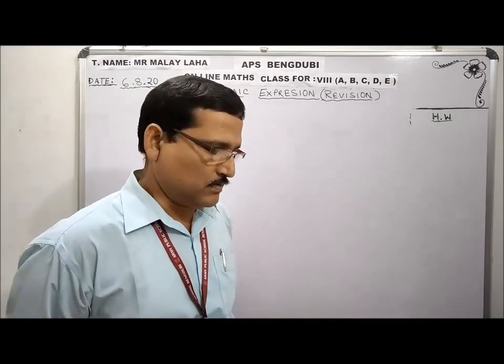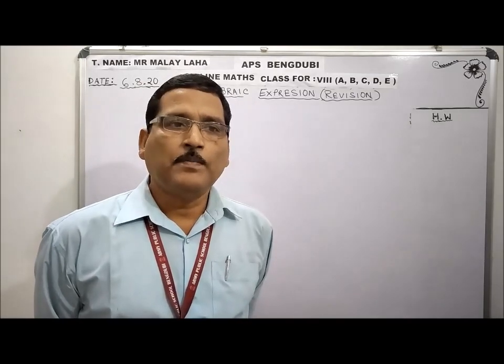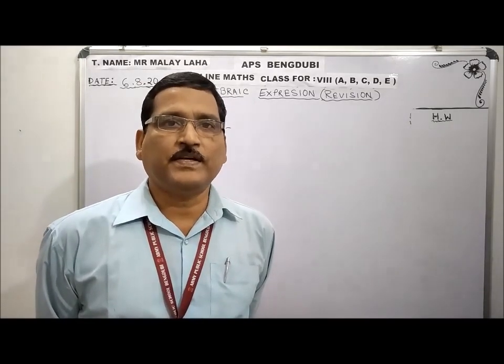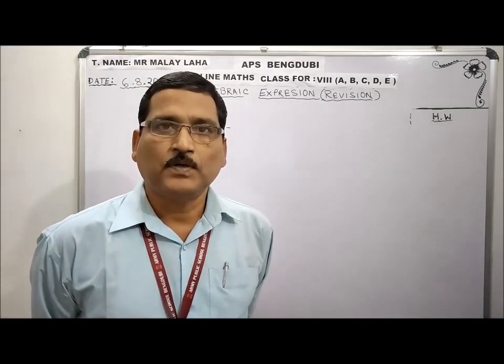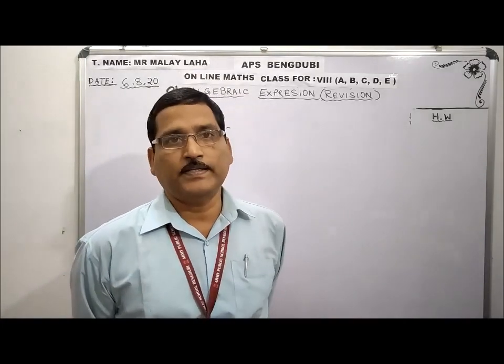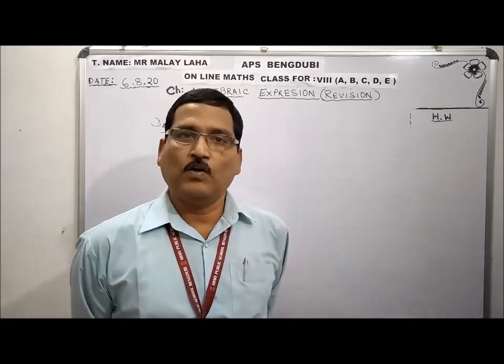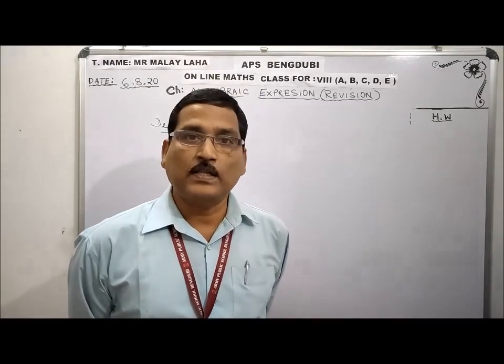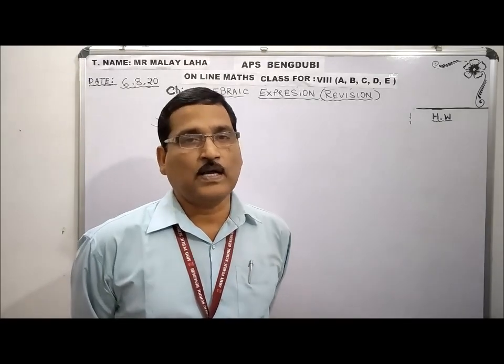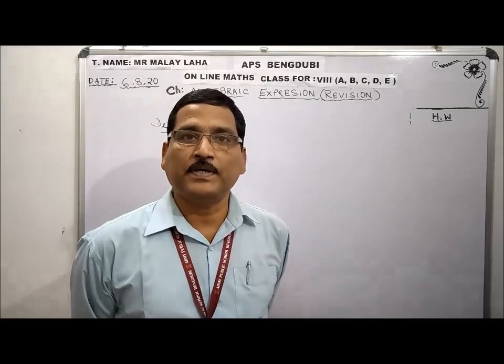Say if I consider: one number is 4 more than 3 times the other. Now whatever statement I said, how do I express it? The other number I have not mentioned, so let the other number be x.